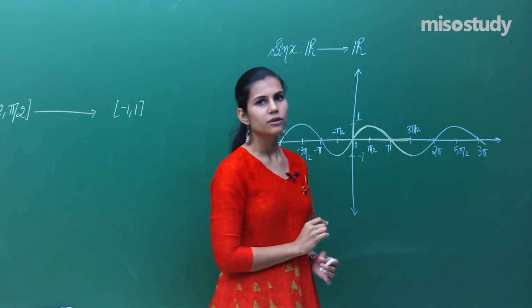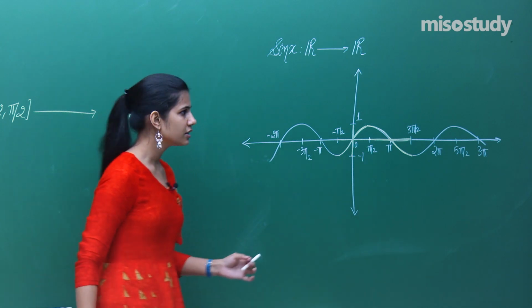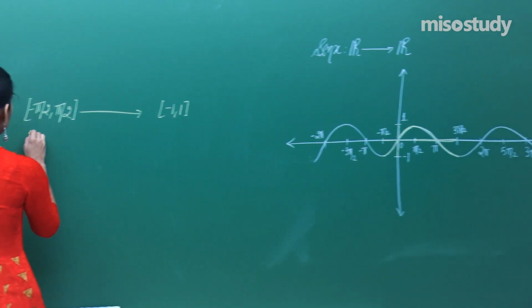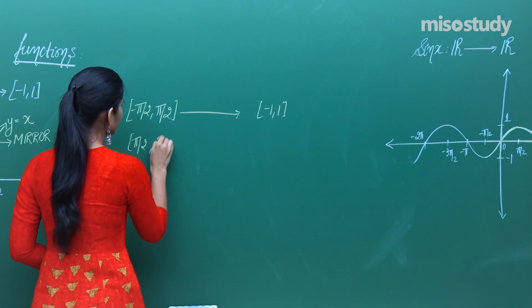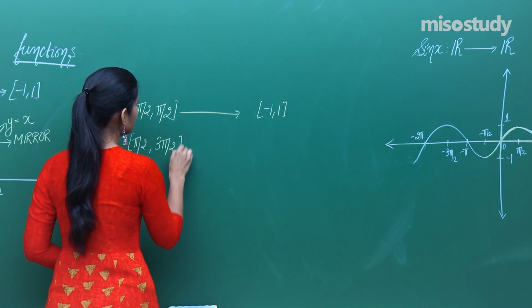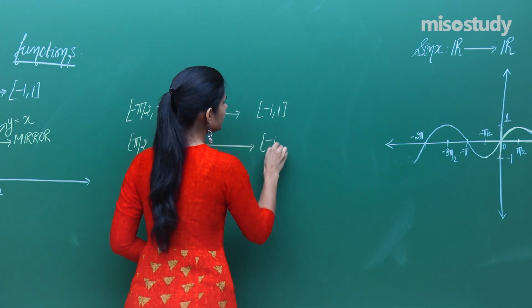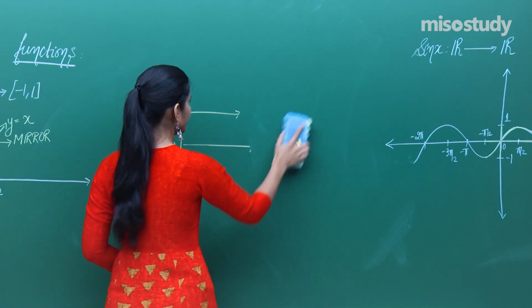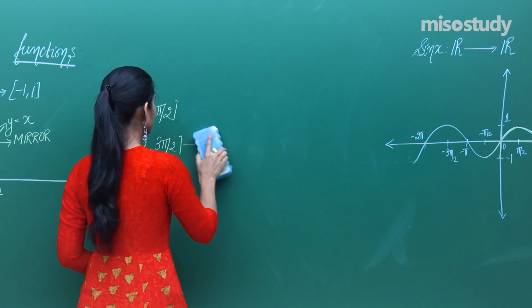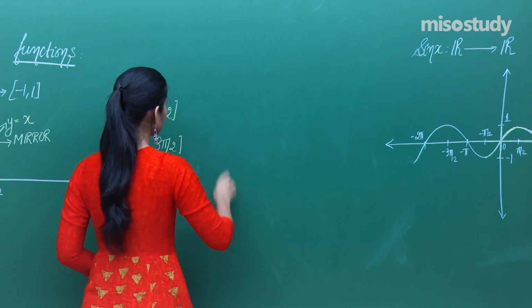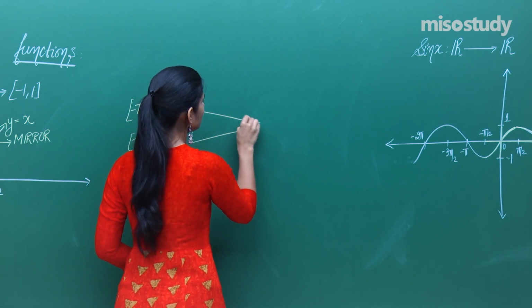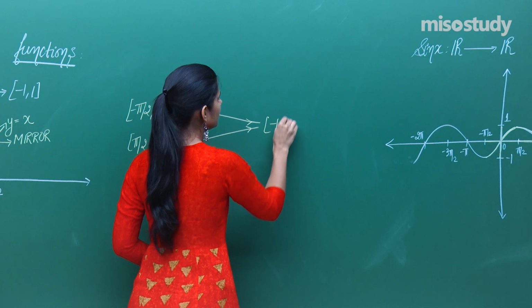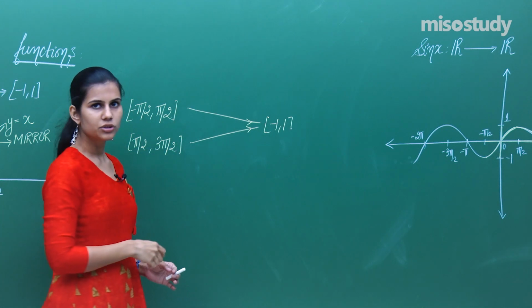Therefore one-oneness and ontoness would again have been established. So from pi by 2 to 3 pi by 2, the sine function is again one-one and onto. Sine is both one-one and onto, from here to here as well as here to here.